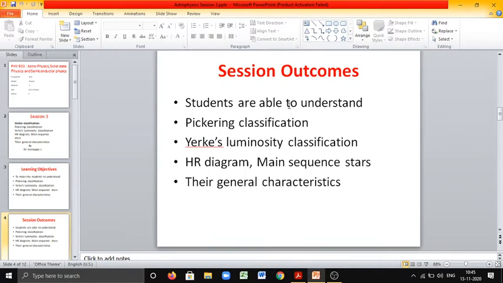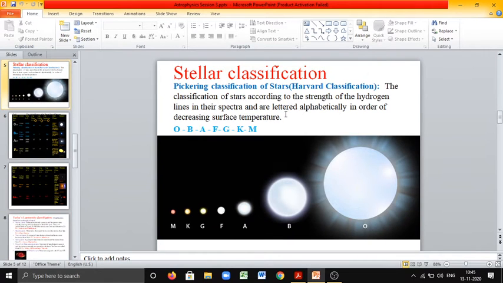Now, coming to the stellar classification, according to Pickering classification, it is also called Harvard classification. The classification of stars is made according to the strength of the hydrogen lines in the spectra and are lettered alphabetically in the order of decreasing surface temperature.